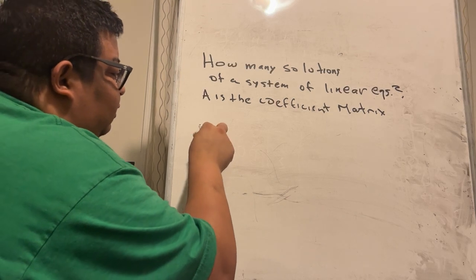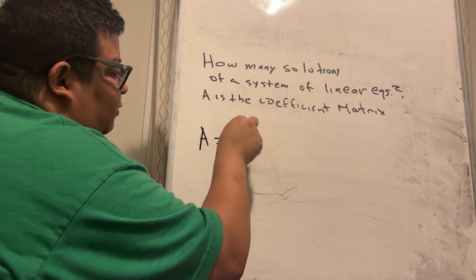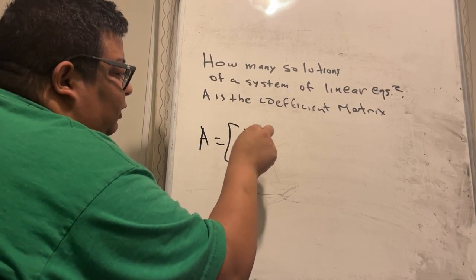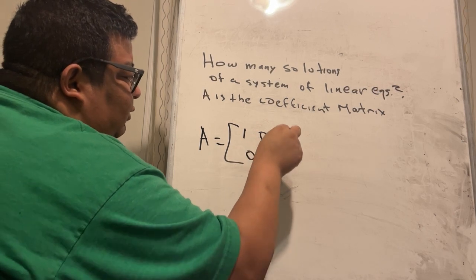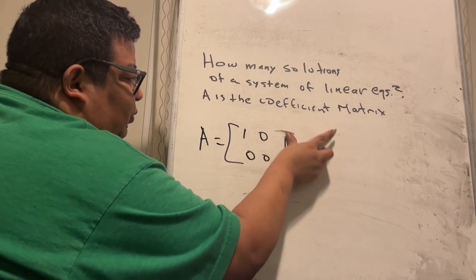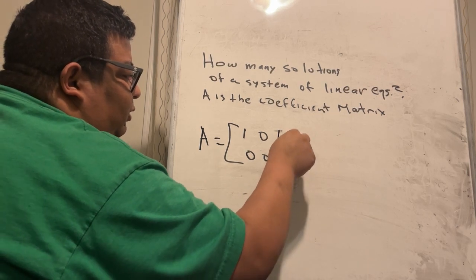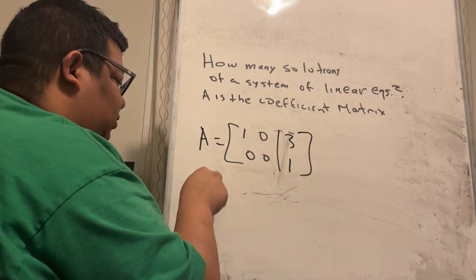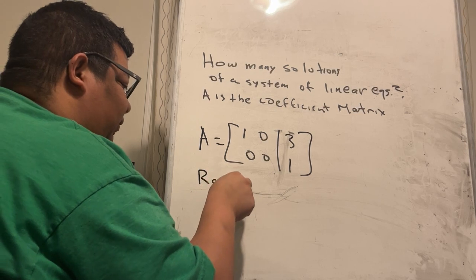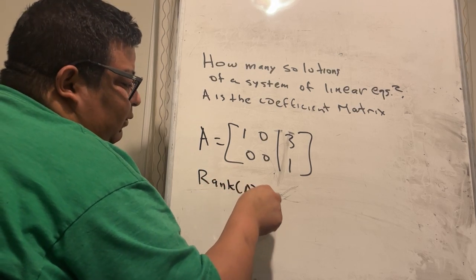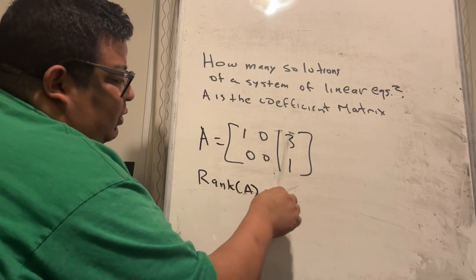So let's look at, okay, A is equal to 1, 0, 0, 0, and then we're gonna say 1, and this is 3. So rank of A is equal to 1.